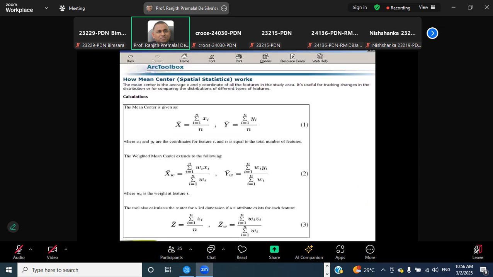So how do spatial statistics work? I borrowed it from a book on ArcGIS, ArcToolbox, and the mean center equation is given. The weighted mean center, which we now calculate, is given like this.